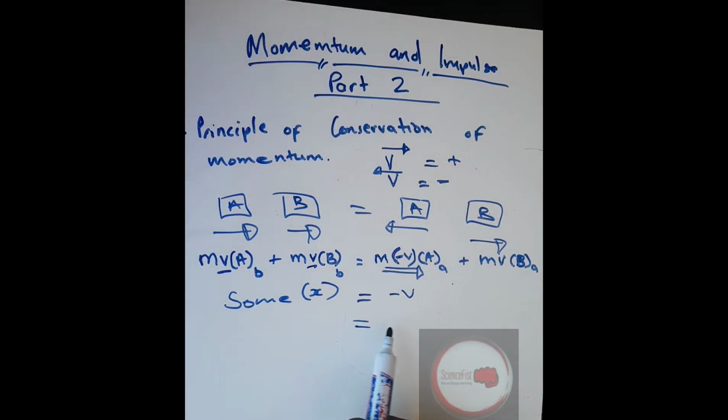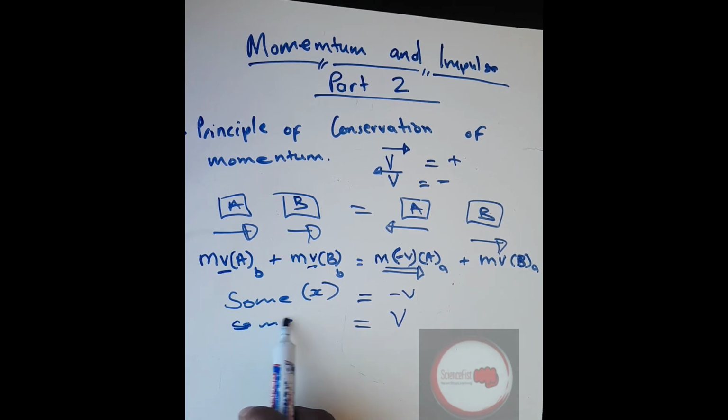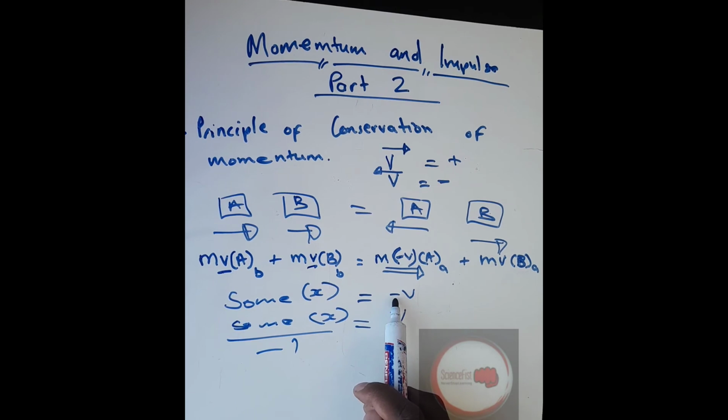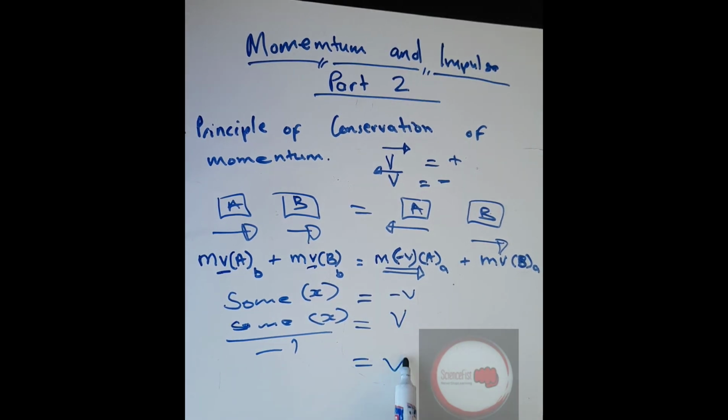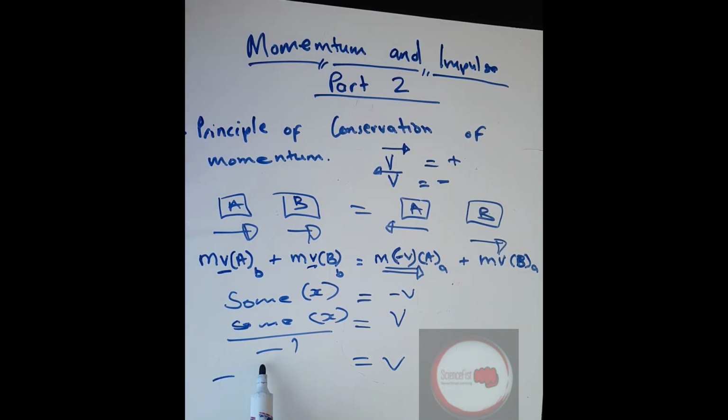So then you can say v, because you don't really want a negative quantity, so v will be some x divided by -1. So I divide by -1 to change this to v. So then v will be negative something, because if this is positive and then you divide it by negative, it will give me negative something.